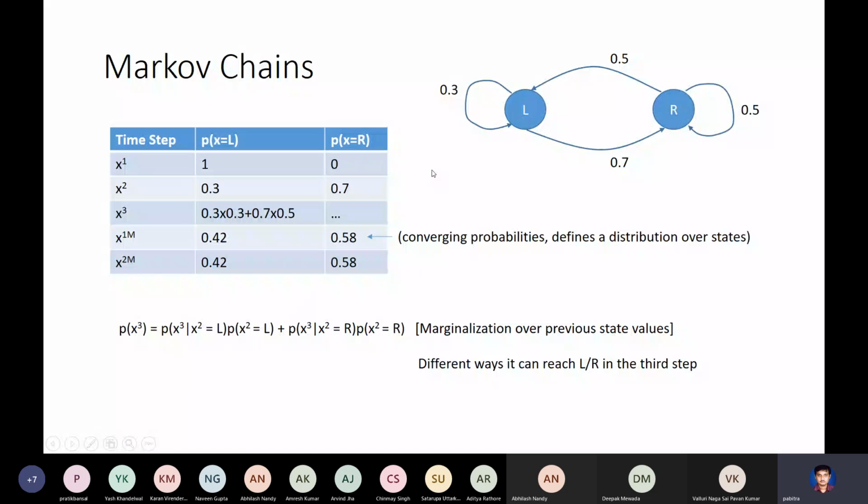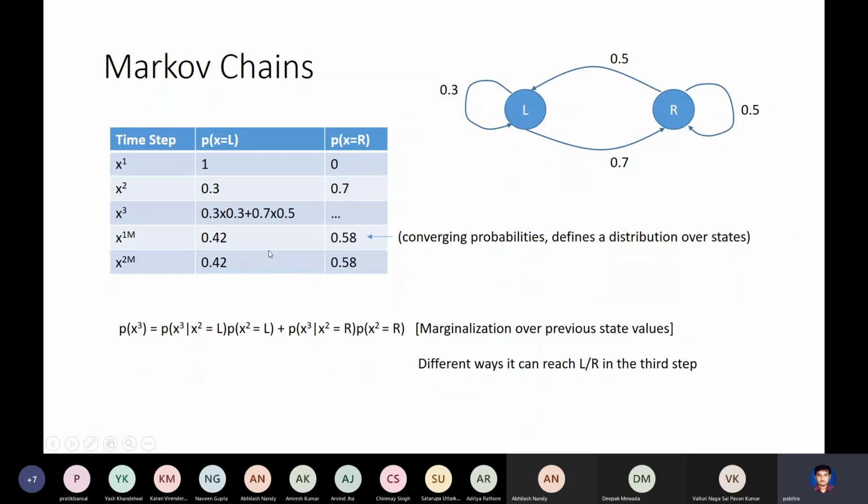And if we had a continuous set of states, then there would be an infinite number of possible values, so this would be a distribution function, and that function itself would change with time, but eventually it would converge to a distribution of probability over the various states. In fact, there is a theorem which says that this will always happen under certain conditions.